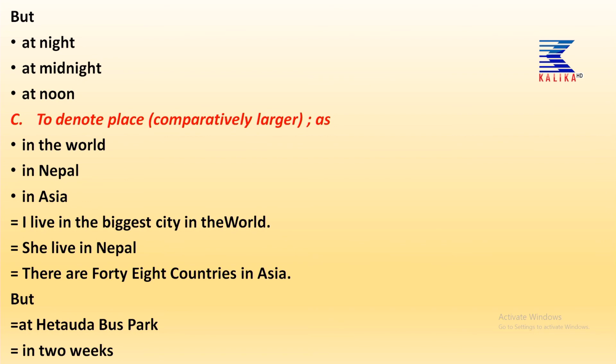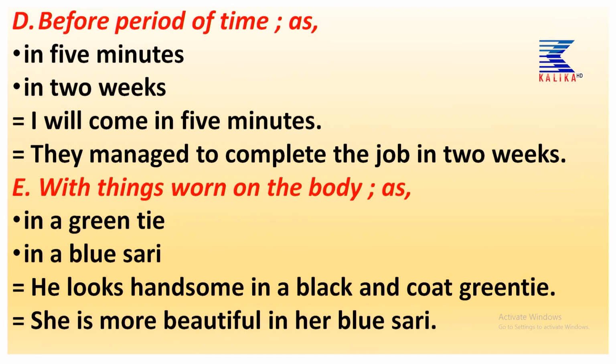Now next, we use in before period of time, like in 5 minutes, in 2 weeks. I will come in 5 minutes. They managed to complete the job in 2 weeks. In is the preposition, children.